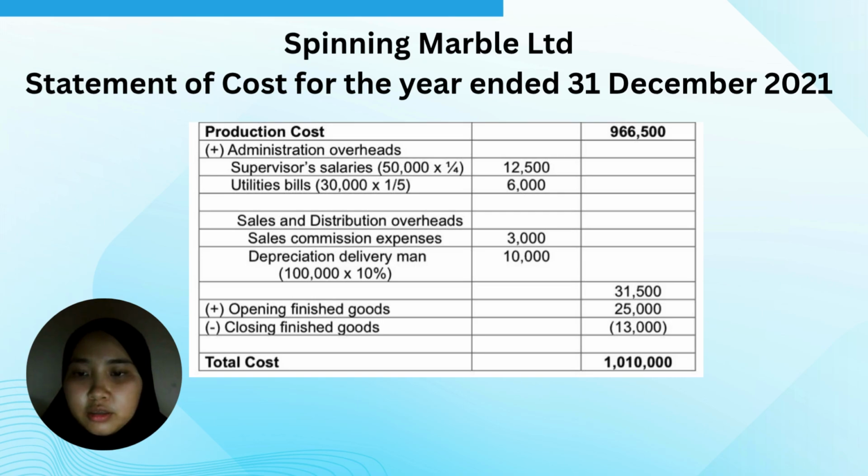For the total cost, we add 966,500 plus 31,500 plus 25,000 and minus 13,000. So for the total cost, we get 1,010,000.